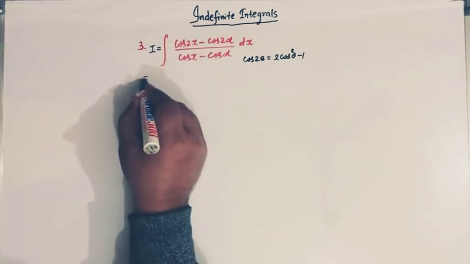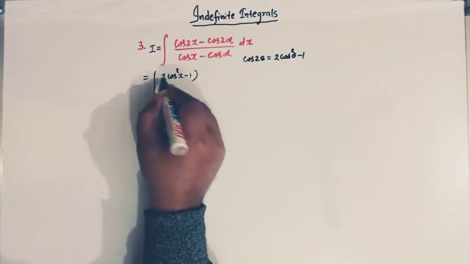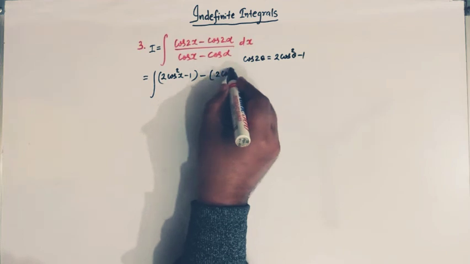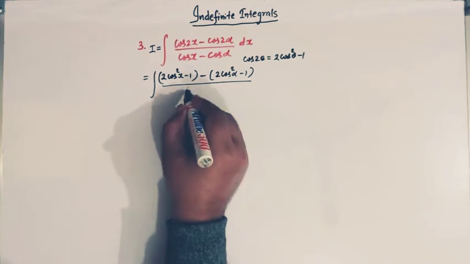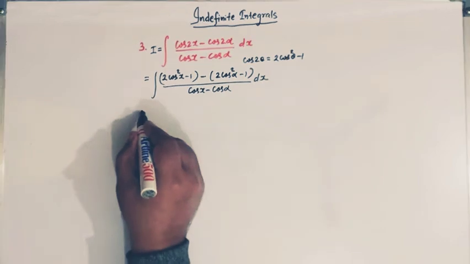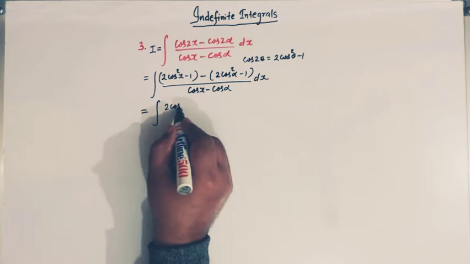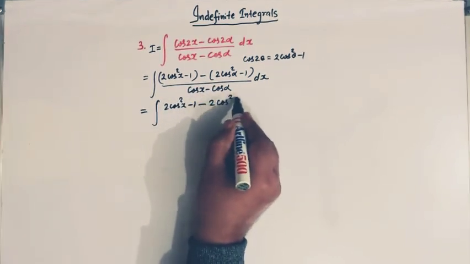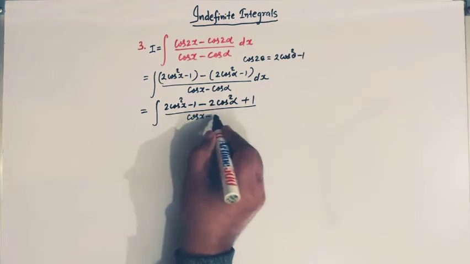So cos 2x becomes 2 cos square x minus 1, and cos 2 alpha becomes 2 cos square alpha minus 1, right, and divided by cos x minus cos alpha. Now the numerator can be simplified as 2 cos square x minus 1, and we have minus 2 cos square alpha plus 1, right, and divided by cos x minus cos alpha.